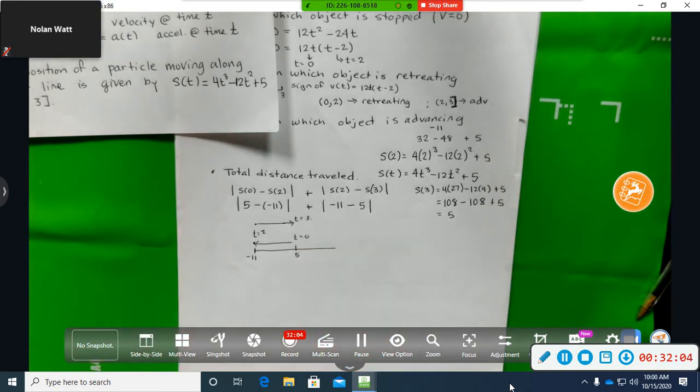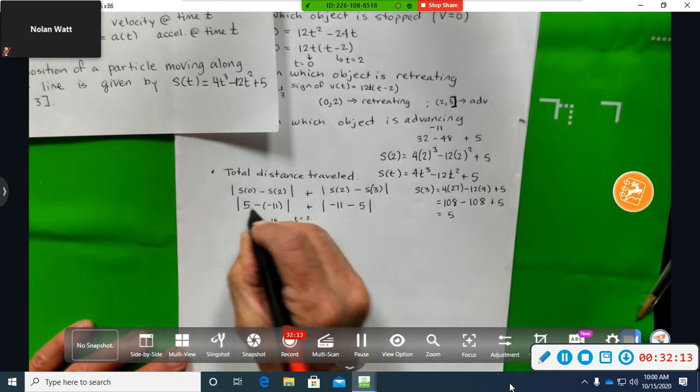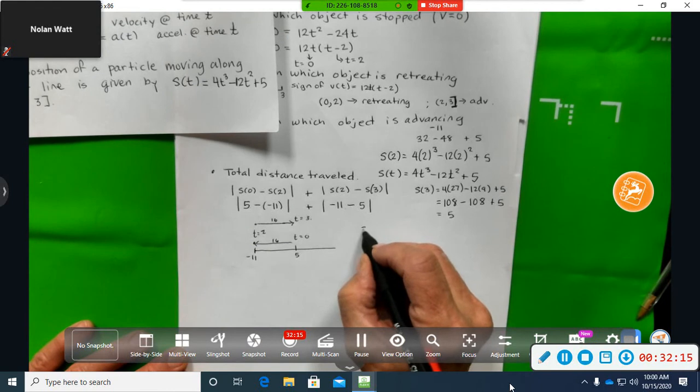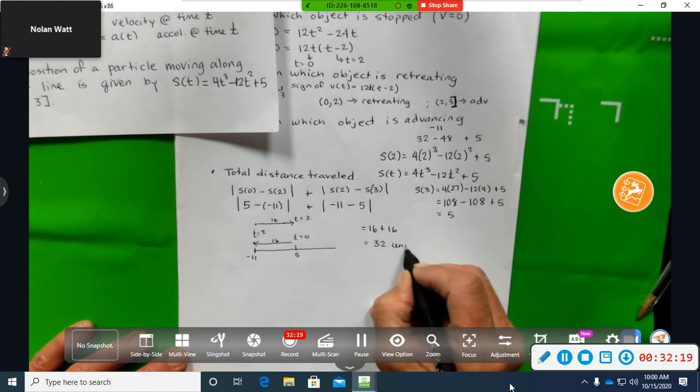So it goes backwards 16 units, and it goes forward 16 units. And that's what these numbers show. So 16 plus 16 is 32 total units traveled.